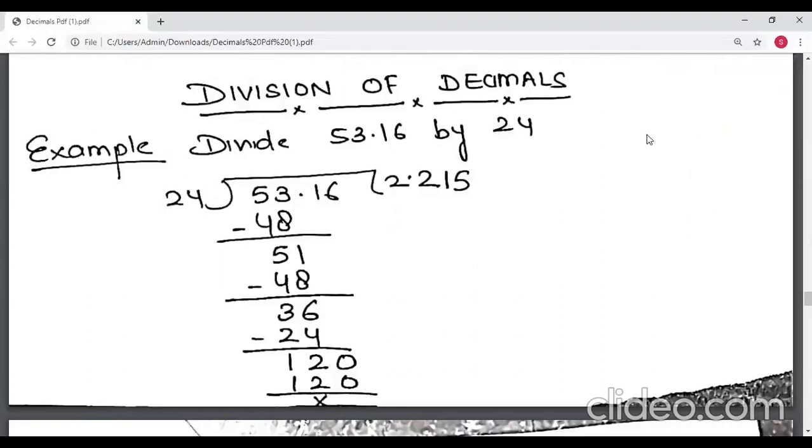Then we'll subtract the number, get the remainder as 3, and copy the next number. 24 ones are 24. Again we'll subtract the numbers, you will get 12. We'll put a 0, and then 24 5s is 120. So when you divide 53.16 by 24, you will get the answer as 2.215.